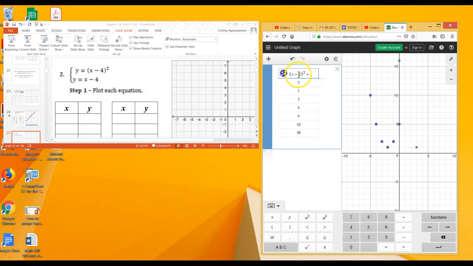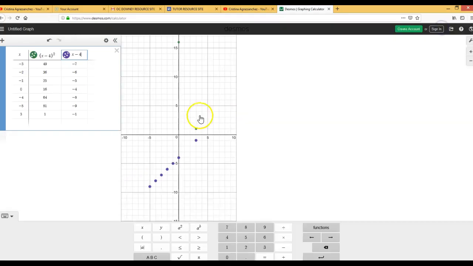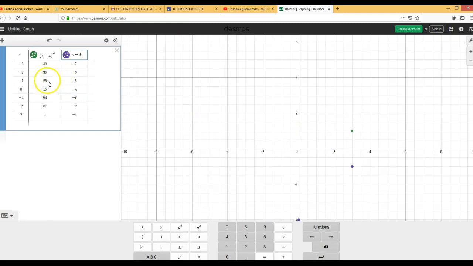And then for our next equation, let's erase that and write instead x minus 4. As you can see in our table of values, some of these values don't always work for both. So I'm going to limit those: maybe negative 3, try negative 2, negative 1, 0.